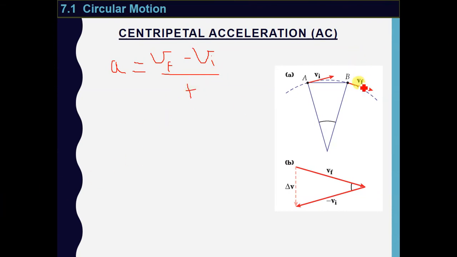This is V final, this is V initial. So if I want to add vectors, we know that V is velocity and velocity is a vector. So see, girls, I have V initial like this and V final like this, right?